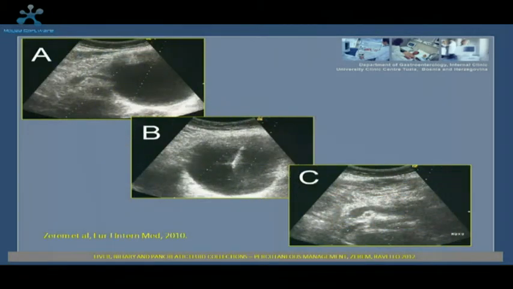Percutaneous management can be performed in treatment of pancreatic collections, as I said, and is effective with low complication rates and relatively low recurrence rate, which can eliminate the need for surgery in the majority of patients.